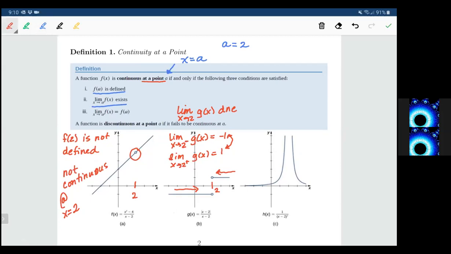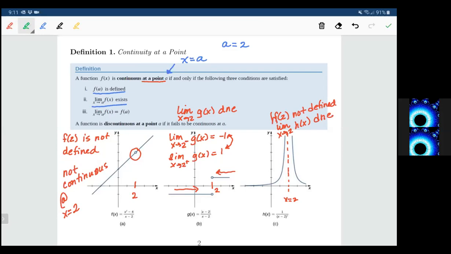In our third example, again, we have this vertical asymptote here at x equals 2. So f of a, or f of 2, is not defined. That violates the first condition, so we could automatically say this is not continuous. But it also violates the second condition because the full limit as x approaches 2 of h of x does not exist.